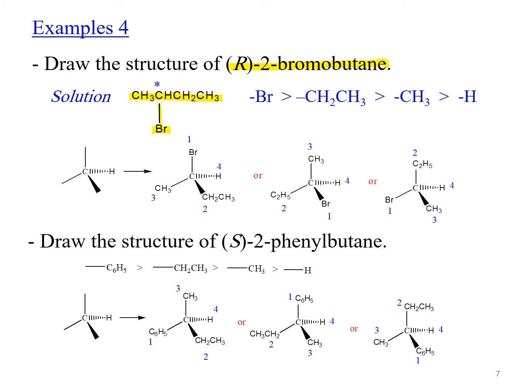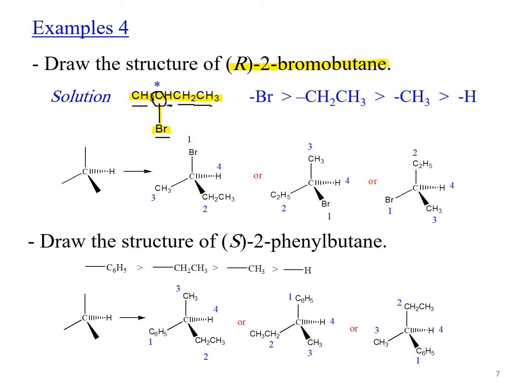Now this carbon which has a star at the top of it, this is our chiral carbon, right here. So around this we have to draw the proper structure. This carbon is attached with one hydrogen, then this ethyl group on one side, then the methyl group on the other side, and the bromine atom as well.